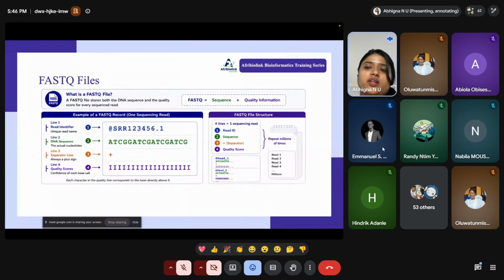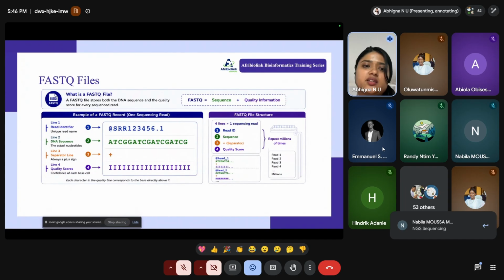What is a FASTQ file? The FASTQ file is obtained once the sequencing is done. A FASTQ file basically contains sequence plus quality information. So, a FASTQ file consists of 4 lines. First line is the read identification.